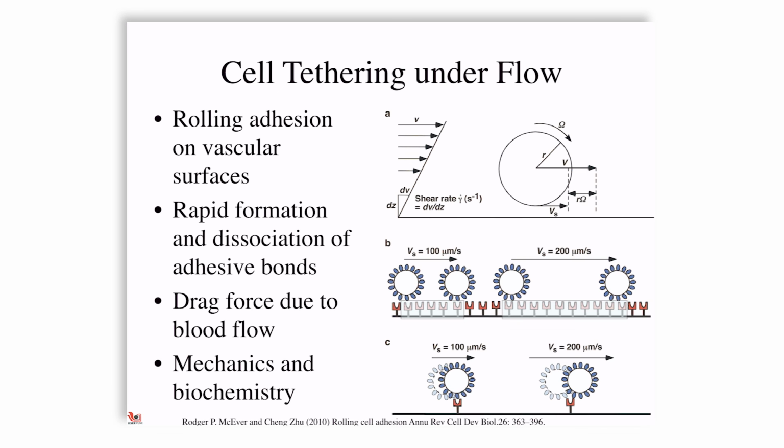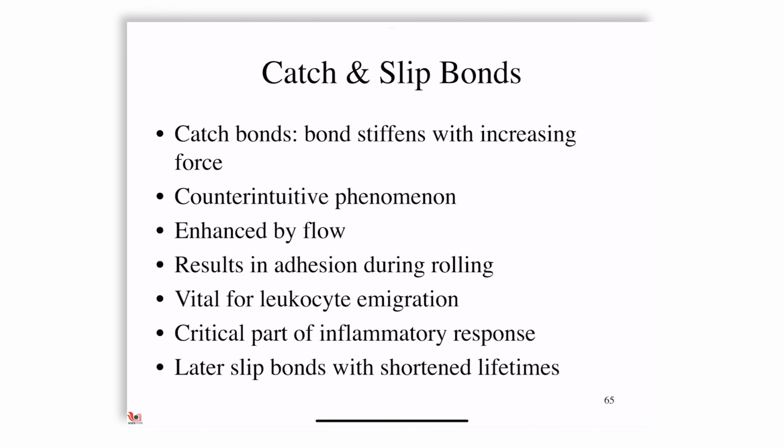And potentially, this is due to the binding. These selectins that bind to leukocyte cell surface markers have a peculiar nature in terms of their binding that is referred to as a catch and slip bond.